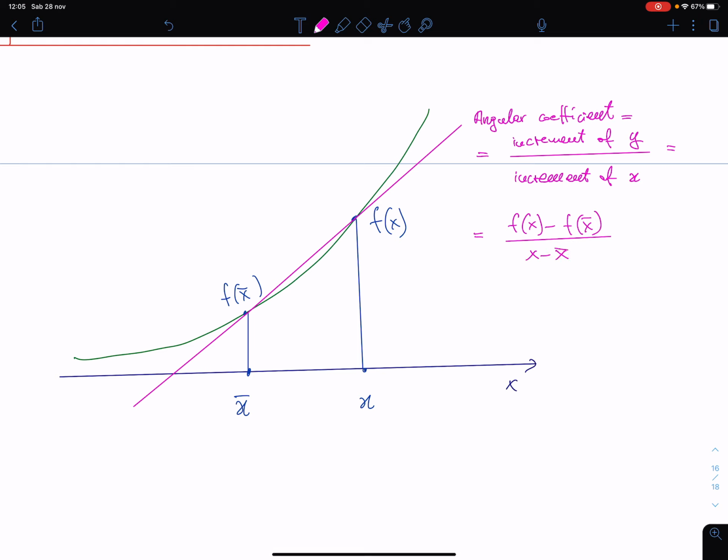Now the game is the following. Let x approach x bar.